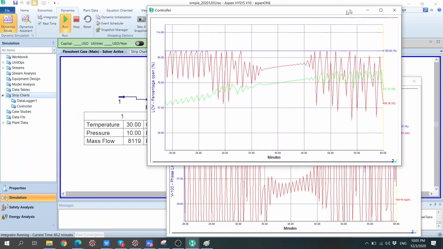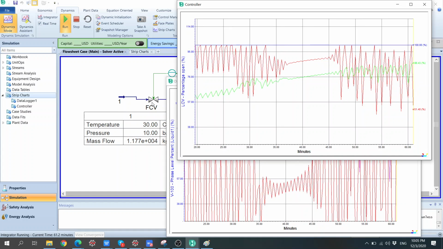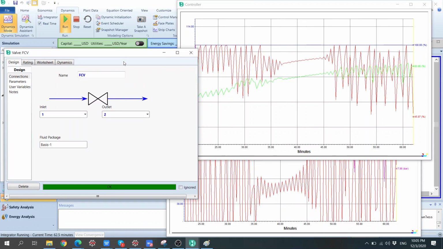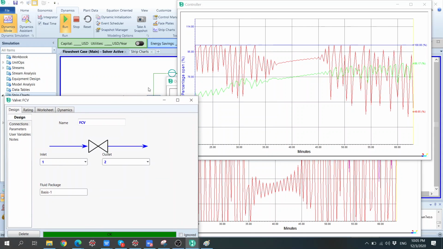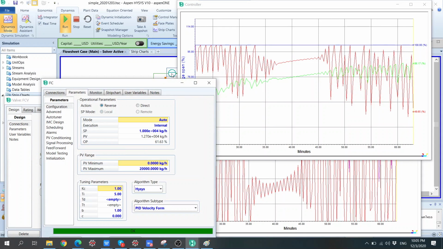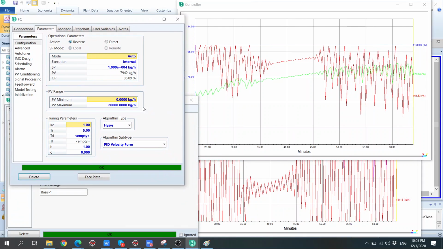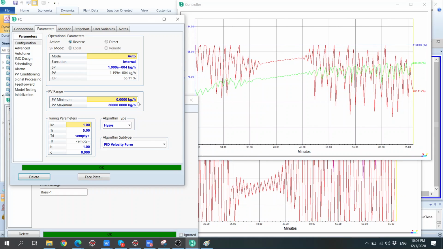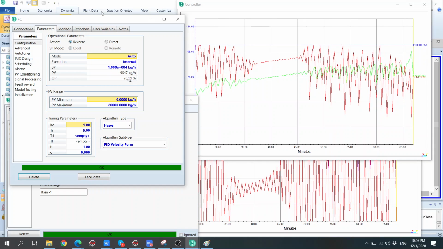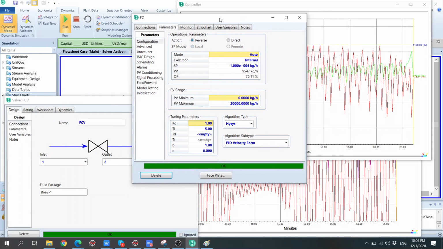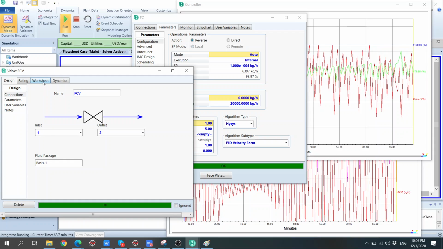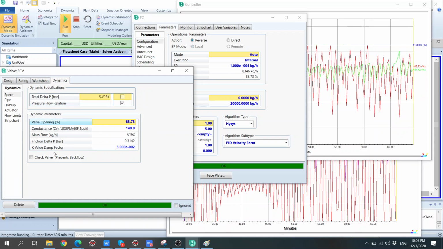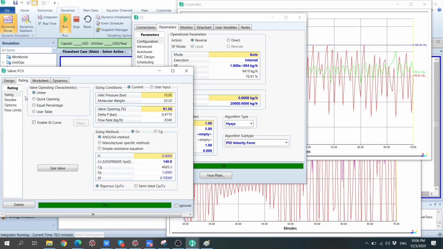So we can now see, because this is FCV, this FCV, we have the controller as well. See, it goes up and down. The size of the valve, we did size this, right? I mean, we did size this using the rating.